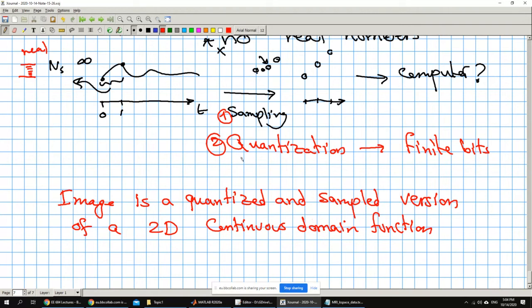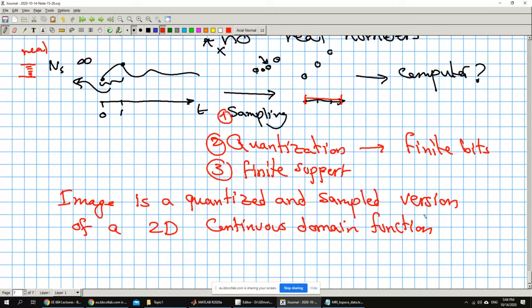Another thing that we forgot to talk about, maybe put it number 3 here, it has to have finite support. Finite support means that you start from here, you end from here. It's not from minus infinity to infinity. Finite support means that you cannot have something that has an infinite duration, which makes sense.